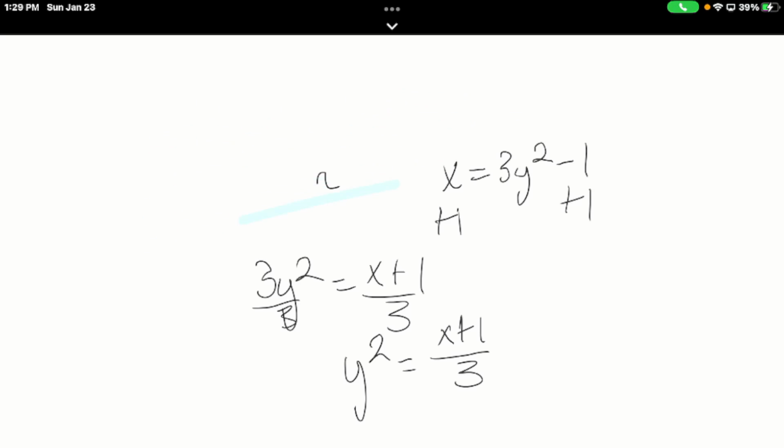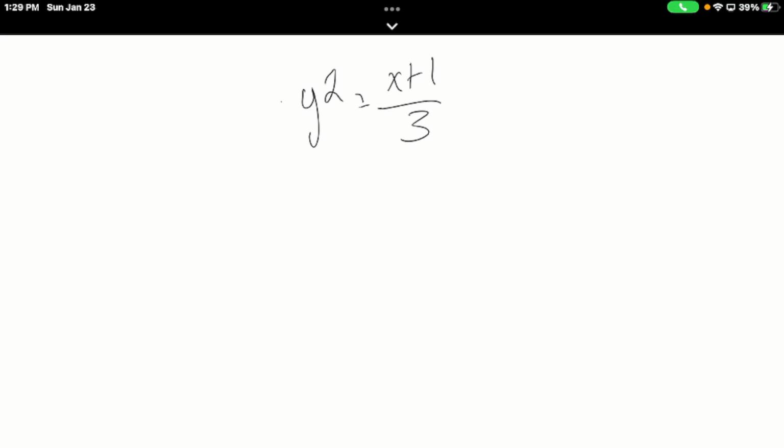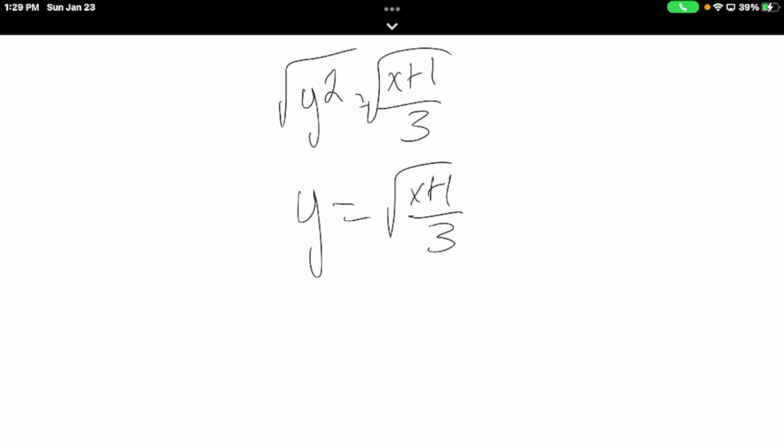Finally, I'm going to move up to the top. So I have y squared equals x plus 1 over 3. To undo the squared operation, I'm going to square root both sides. y equals root x plus 1 over 3. Okay? We saw something before about this thing called restricting your domain.